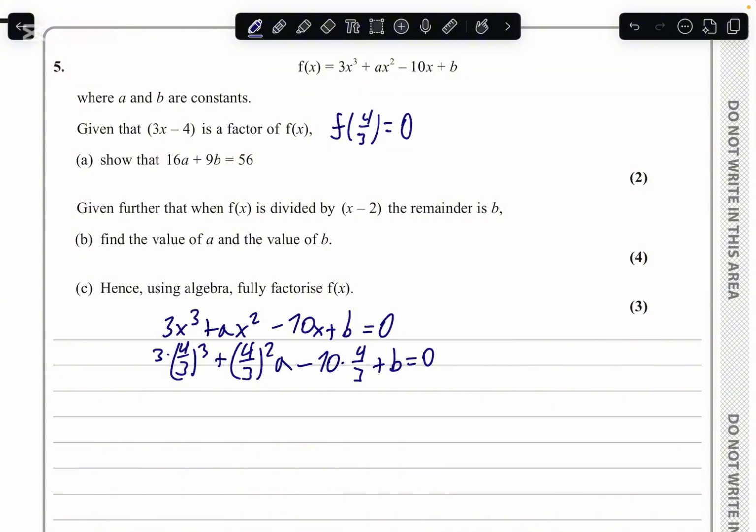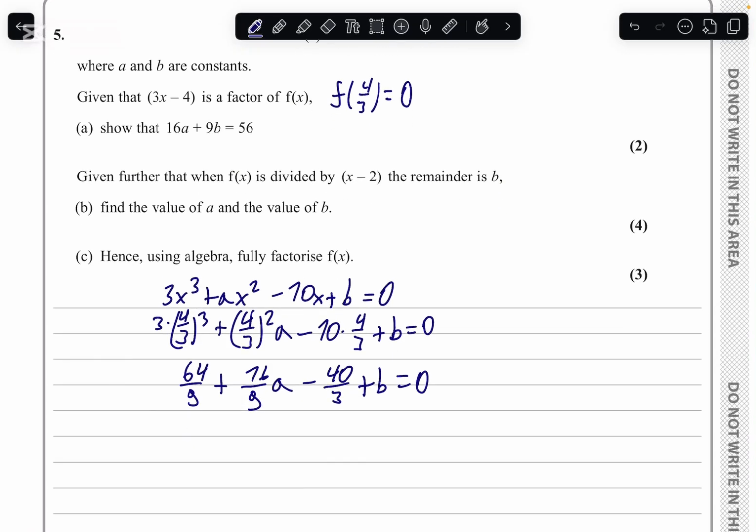And if we calculate that, we get 64 over 9 plus 16 over 9 a minus 40 over 3 plus b is equal to 0.